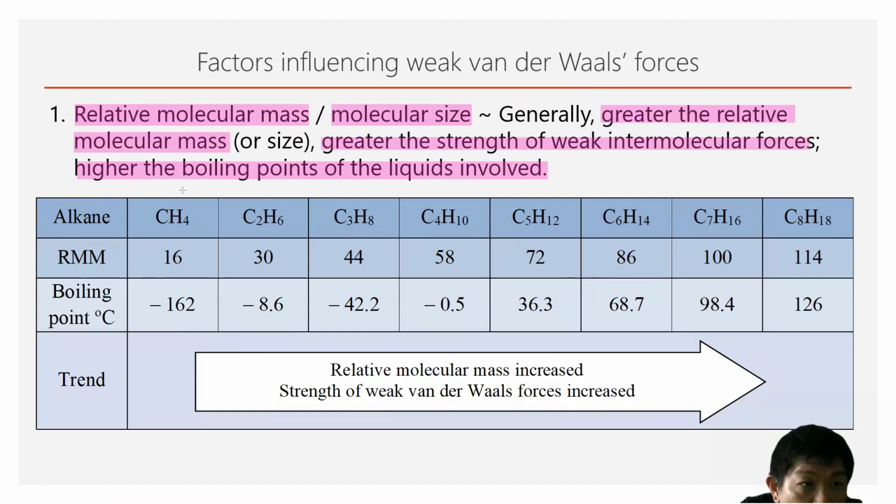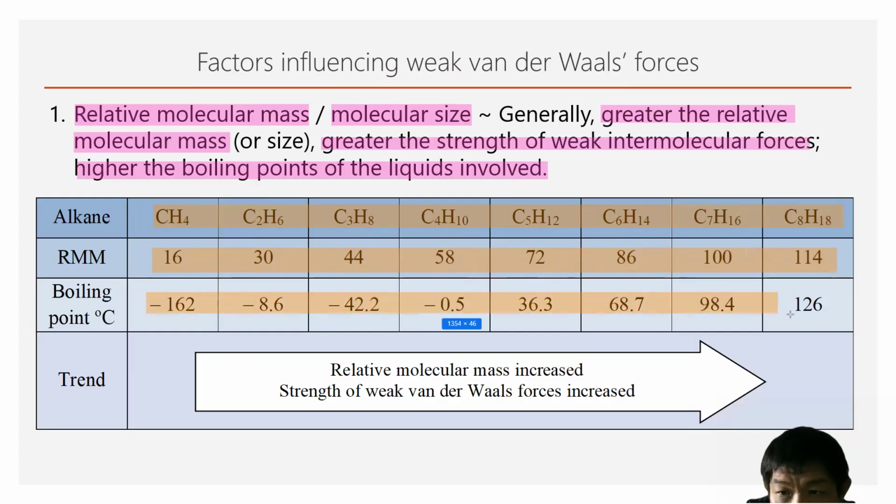That is why when going down the homologous series, as you can see here, from methane, ethane, propane, butane, pentane, hexane, as the relative molecular mass increases, the strength of the weak van der Waals forces also increases, therefore increasing the boiling point of these covalently bonded molecules.